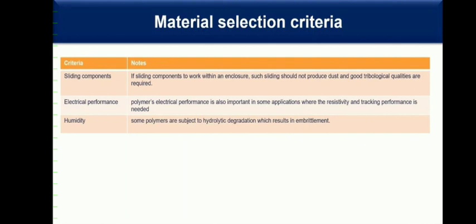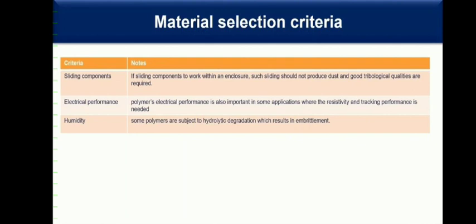Furthermore, we can also have some sliding components involved in the electrical device. If that is the case, there should be as little dust production as possible and good tribological qualities. Then of course the electrical performance of the materials.